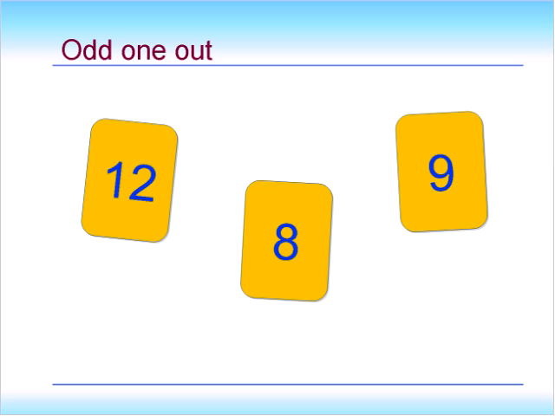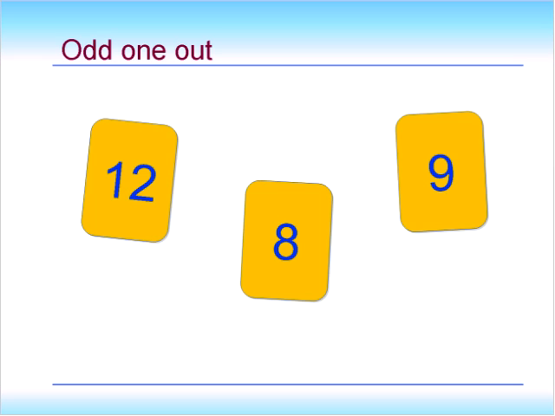Is it 12? Is it 8? Or is it 9? Okay, so which of these is the odd one out? Not the odd number. It's quite useful to distinguish between odd number and odd one out, but which one is different to the other 3? Okay, so we think 8 is the odd one out, and obviously the big question then is why?